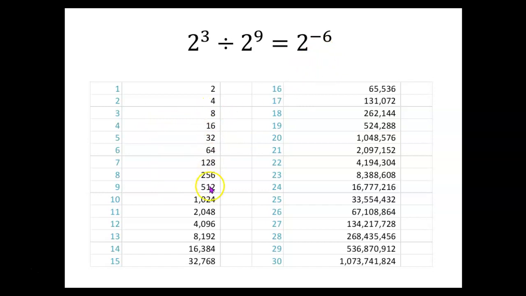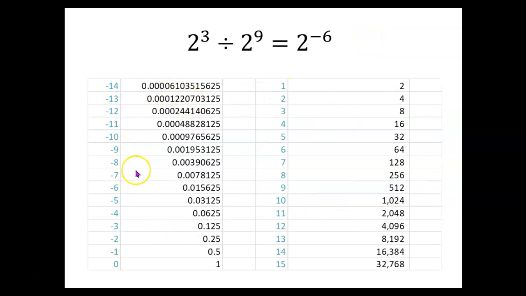So what 8 divided by 512 ought to be is 2 to the -6 power. And if I include some more numbers on my list to allow for negative powers, 2 to the -6 power is indeed the number we got when we divided, 0.015625.